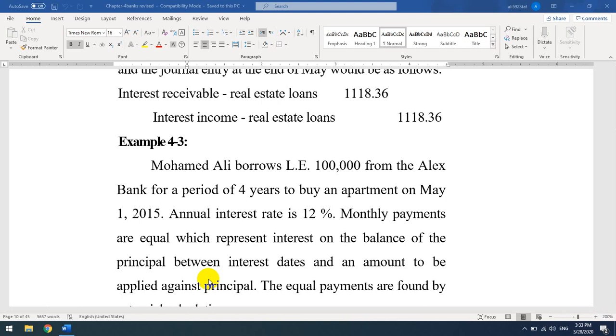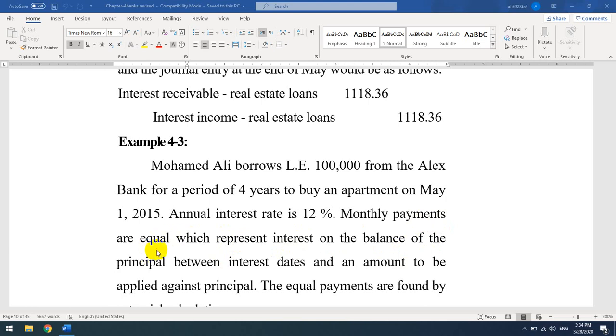This type of loan, as you see in this example, let us see. Assume that Muhammad Ali borrows 100,000 Egyptian pound from Alexandria Bank for a period of 4 years to buy an apartment on May 1st, 2015. The annual interest rate equals 12%.